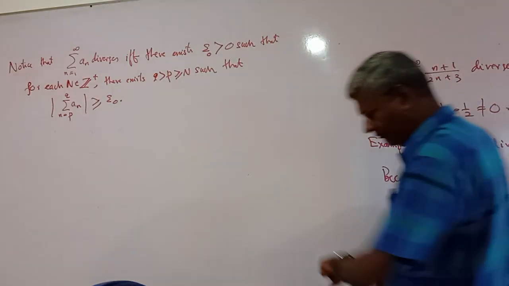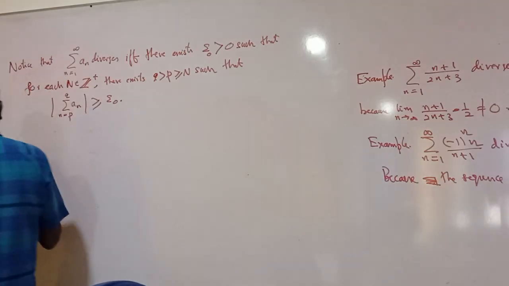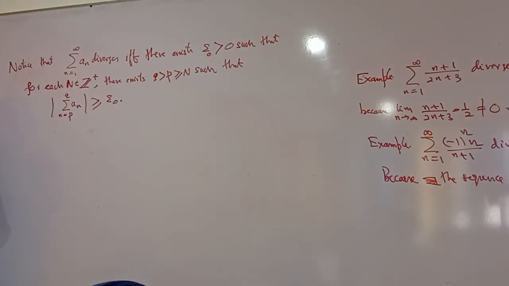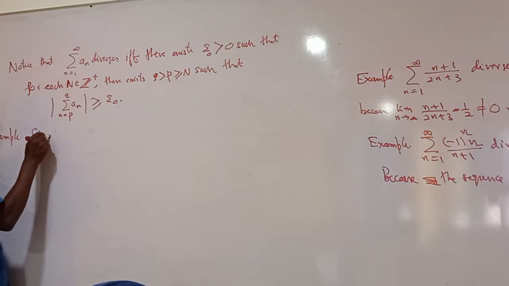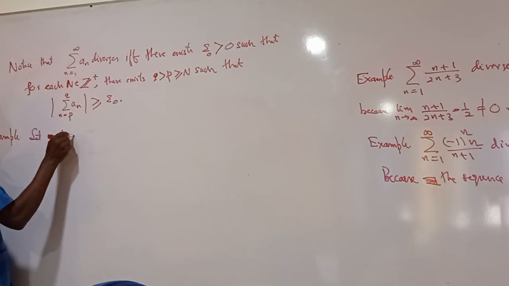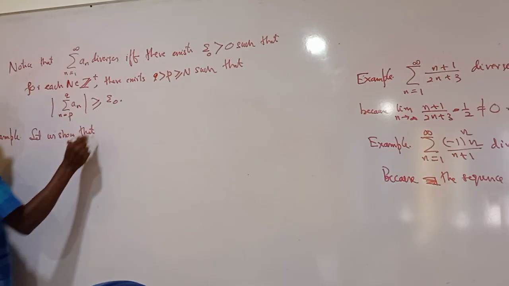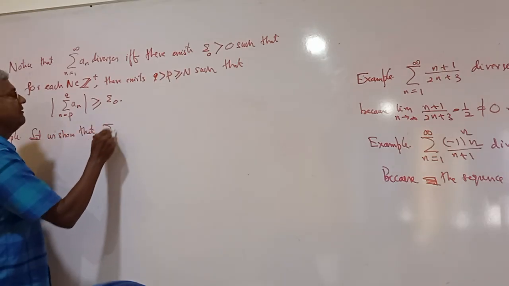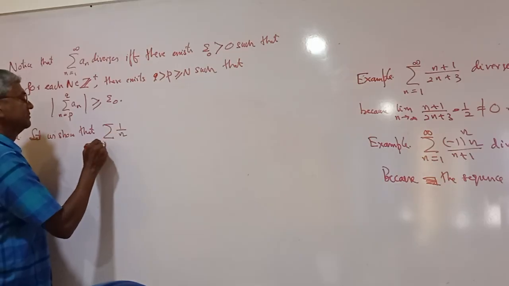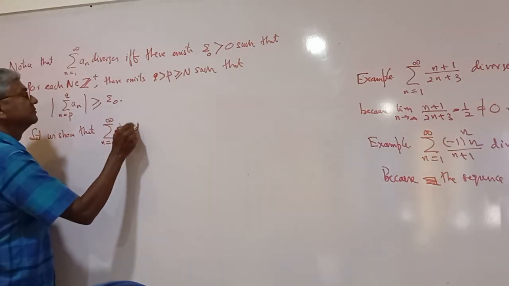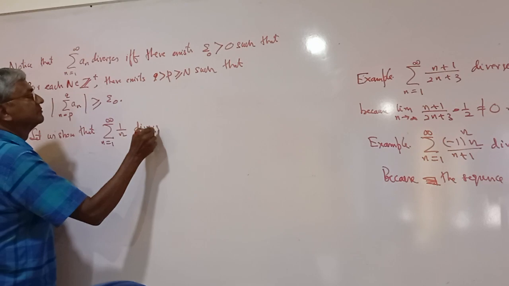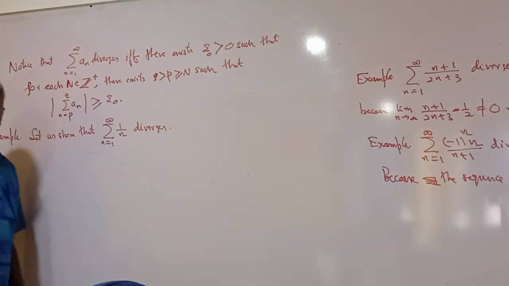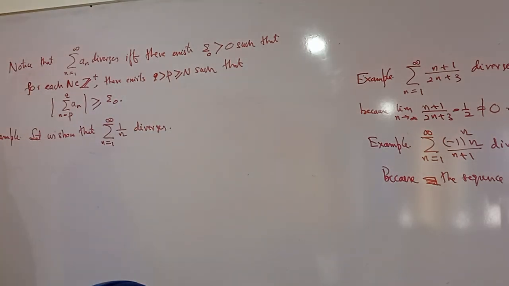Example. Let us show that the sum of 1 over n diverges.